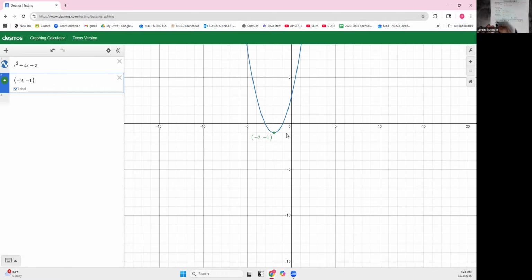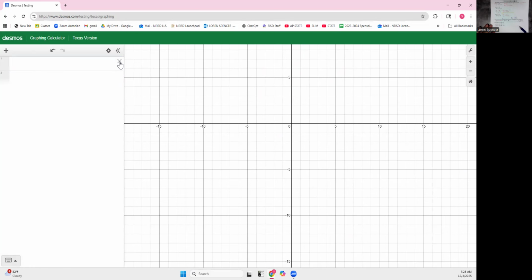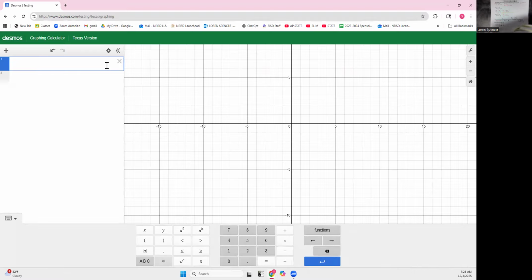So B is a possibility, so I'm going to mark B as a possibility, and I'm going to keep going on. I'm going to try answer choice C. C is parentheses x plus 3, close parentheses, squared, plus 1.